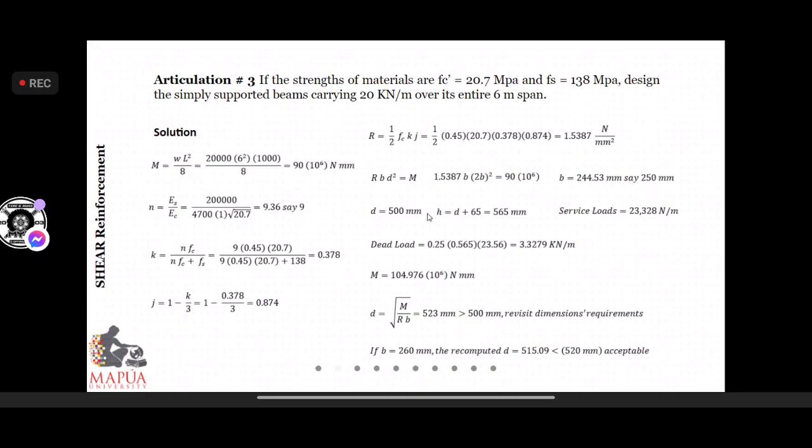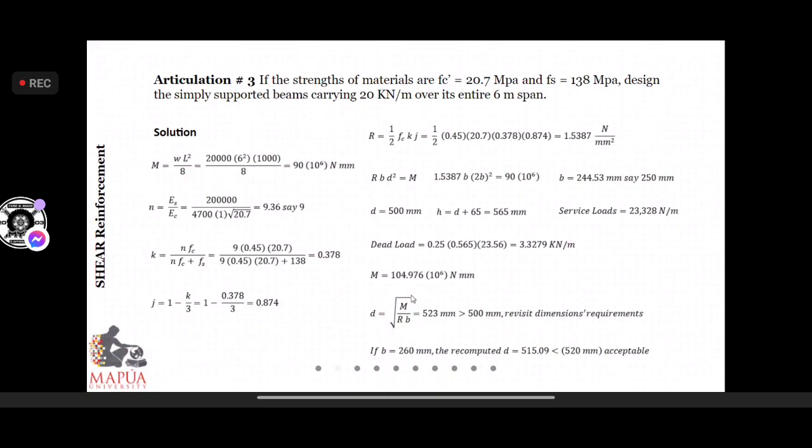So if this is 260, this will be 520, and then you add the 65 here to obtain the overall depth h. Then you can compute the dead load with the new dimensions, then the new service loads, and then the new moment, and then the new computation of effective depth to be compared not with 500 anymore, but with the new effective depth, which is 520, twice the considered B.